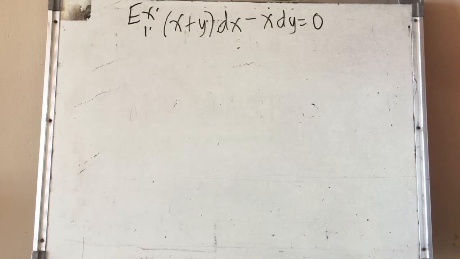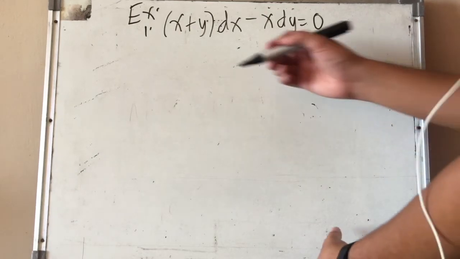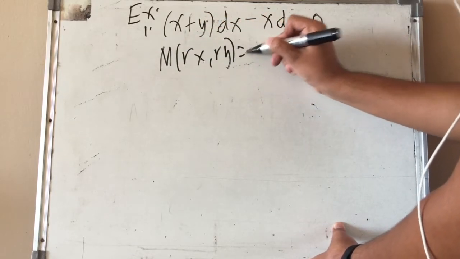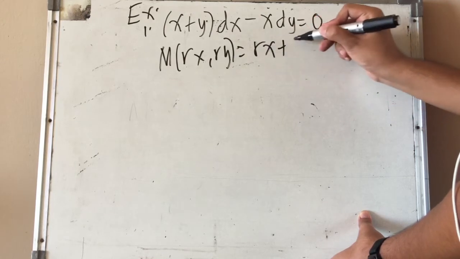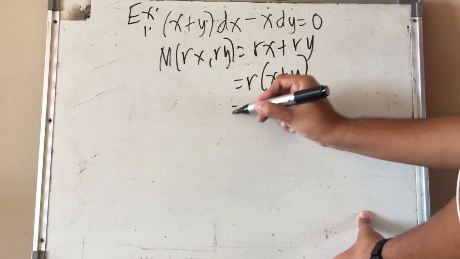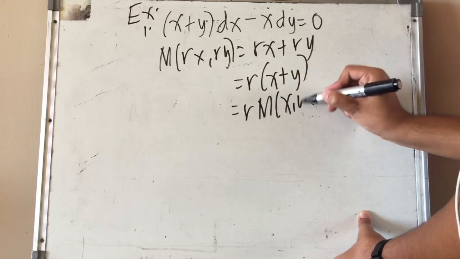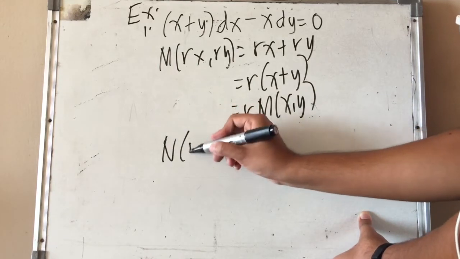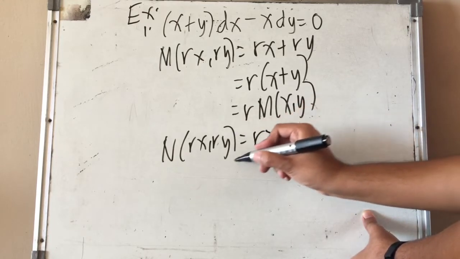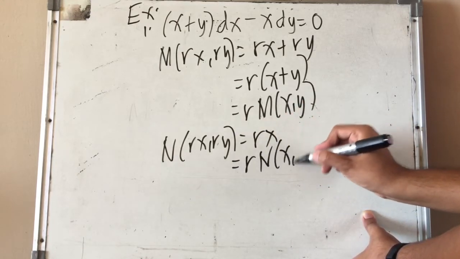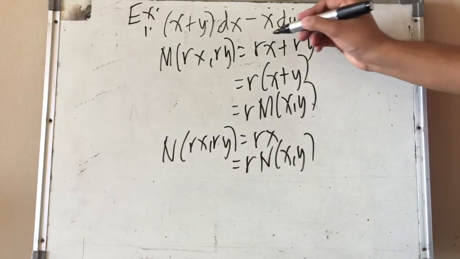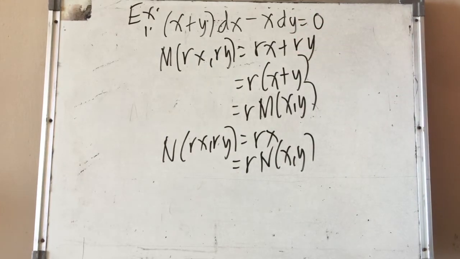So this is homogeneous of degree 1 since M(rx, ry) is equal to rx plus ry is equal to r(x plus y) is equal to r M(x,y), and N(rx, ry) is equal to rx is equal to r N(x,y). So they have the same degree n, which is 1. So this is homogeneous of degree 1.